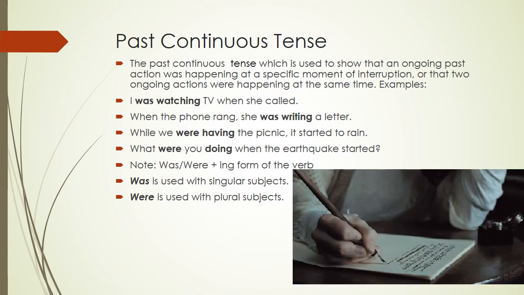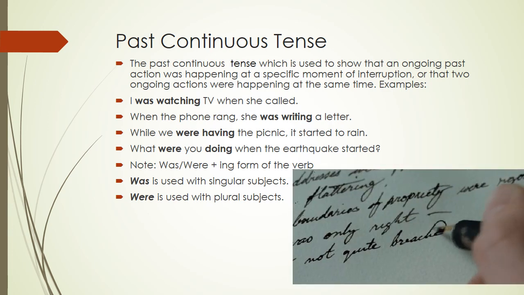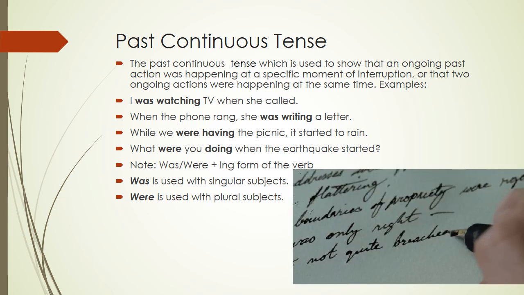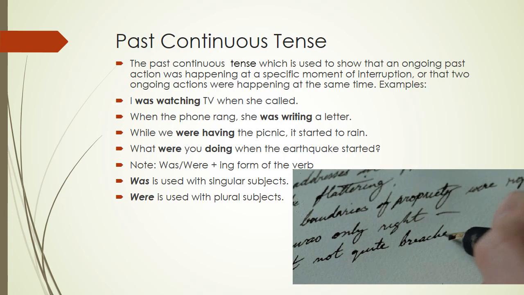So basically, if you look at this tense, children, was/were plus ing form of the verb. Whereas, when we talk about these two verbs, was is used with singular subjects and were is used with plural subjects. Clear, children? This is important.